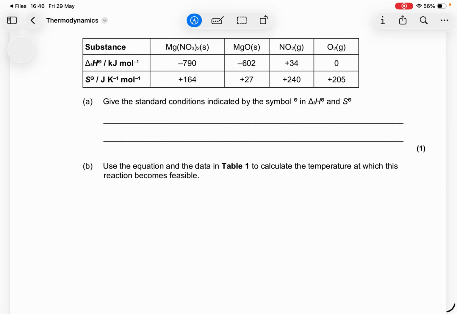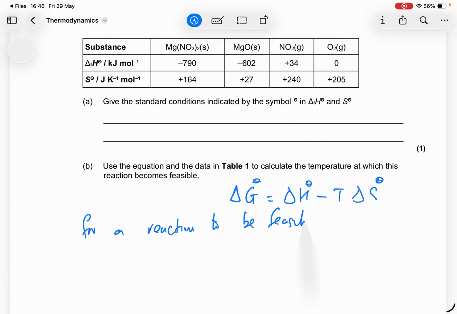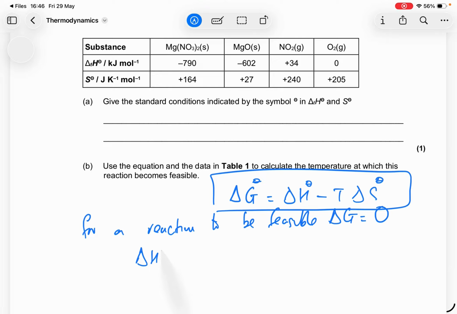Whenever we are talking about feasible reactions, number 1, write the equation of delta G equals delta H minus T delta S. For a reaction to be feasible, delta G must be 0, which means that when we rearrange this important equation, delta H becomes T delta S, so T equals delta H over delta S.